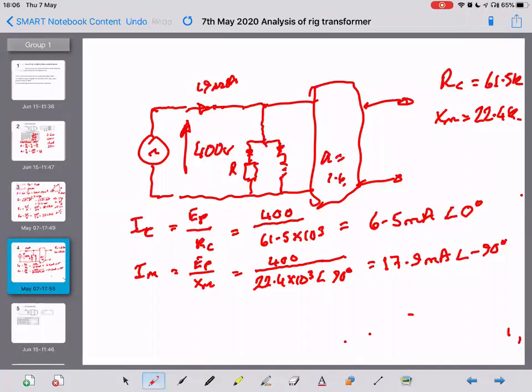So now what we need to do is convert both to rectangular form and add.